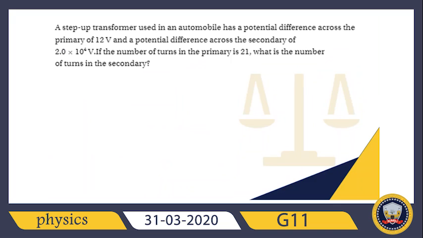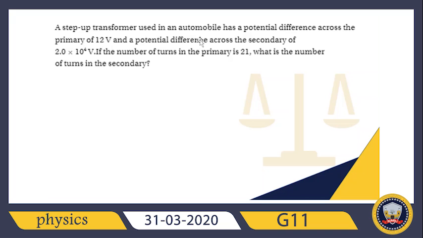So here we have an example of a step-up transformer. The potential difference across the primary is equal to 12 volt. So first, given V1 equal to 12. Why V1? Because it's the primary, so it must be V1.